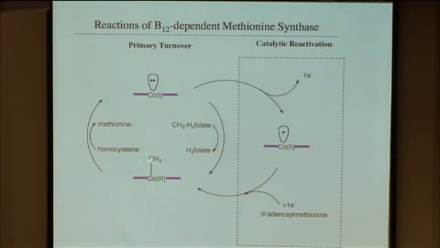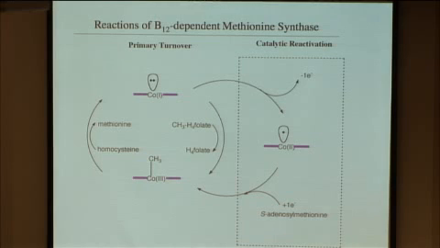It gives the methyl group, the CH3 group, up to homocysteine to form methionine, and then you're in a +1 state of cobalt here. But this state can lose an electron, and you can have what's called the Cob(II) form of the enzyme, which you need to put another electron in and reduce it to go back, and you also need to methylate it again. And the methyl group comes from S-adenosyl methionine.